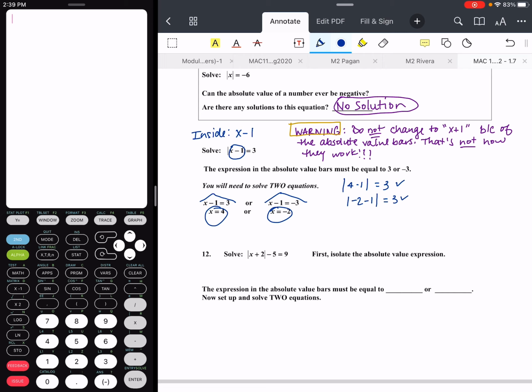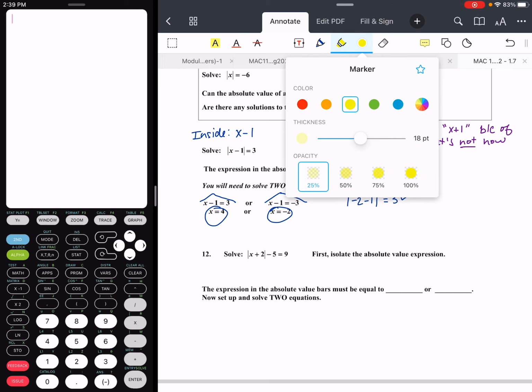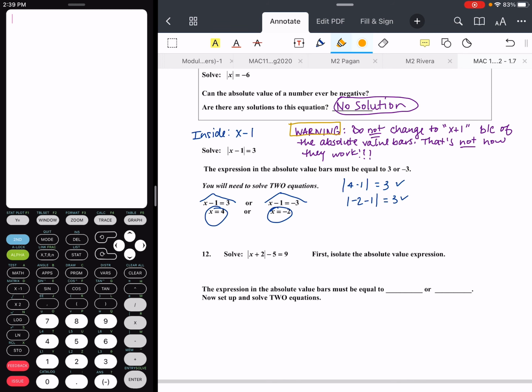One thing I want to warn you about is that a lot of students abuse these absolute values. Make sure that you don't do anything that's mathematically unsound here. We have the absolute value of x minus 1, and I've seen students mistakenly change that x minus 1 into an x plus 1 when they set up these two equations. I know your logic is, well, absolute values make things positive, right?